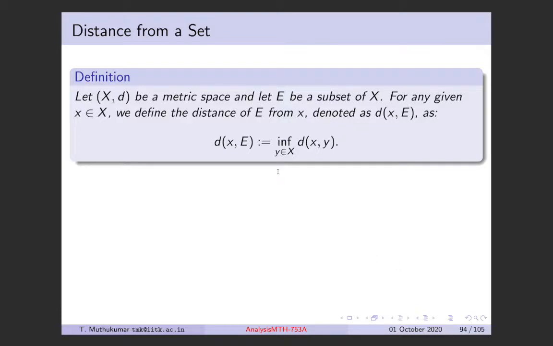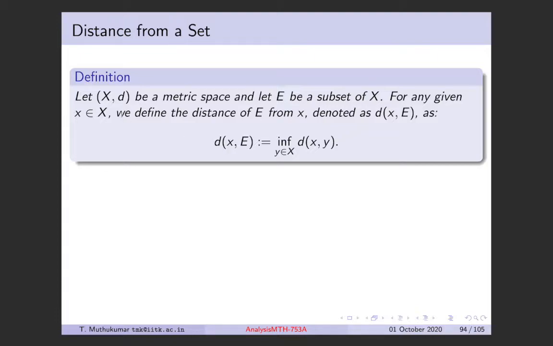Now, suppose you have a metric space X with the metric d, and E is a subset of X. One can define the notion of distance of the set E from any given point.